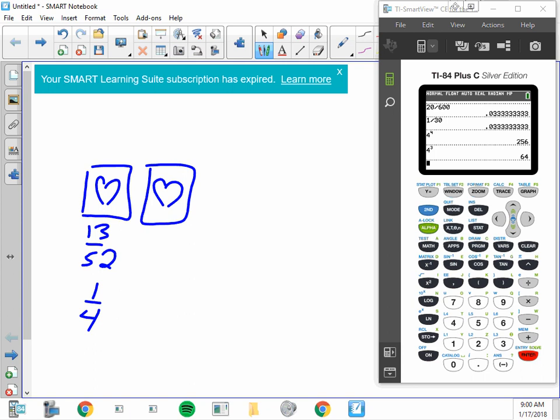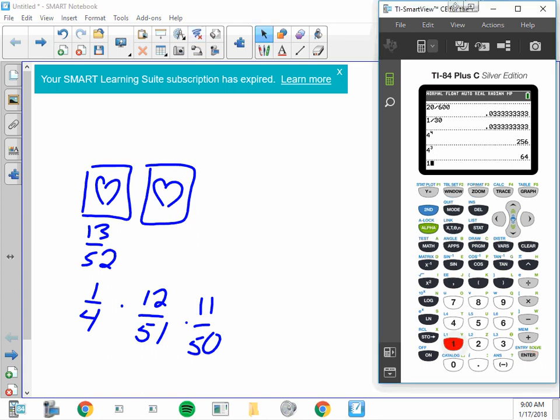So the next time, we're going to multiply that by 12 out of 51. And the next one is going to be 11 out of 50. So on top, 12 times 11. And then on bottom, 4 times 51 times 50.